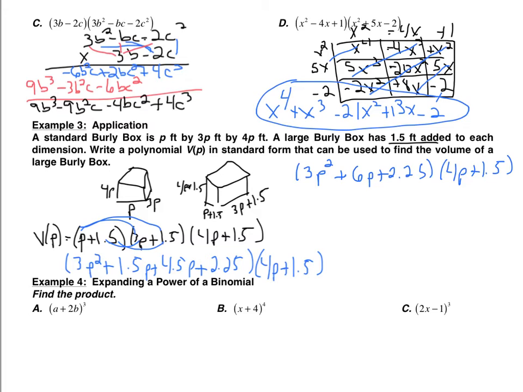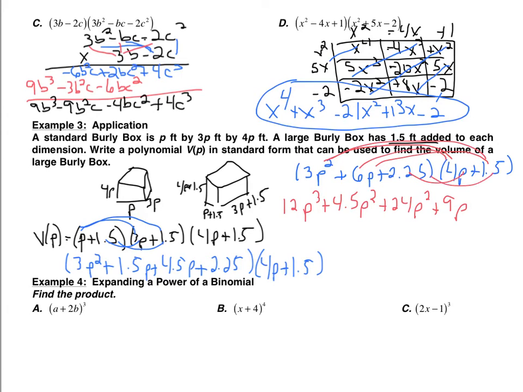And then we distribute like we did previously, so 3p squared times 4p and 1.5. So we'd end up with 12p cubed plus 4.5p squared. And then we multiply the next two, which would be 24p squared plus 9p.